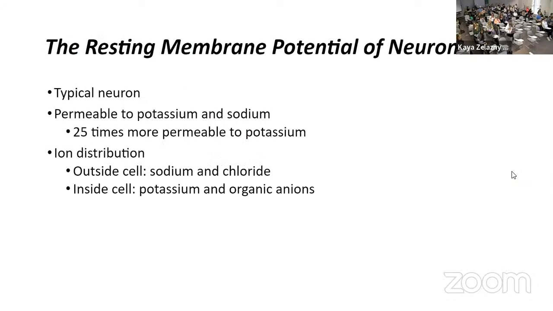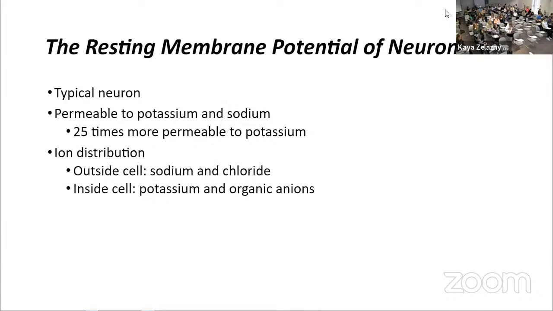So when we're thinking about our typical neuron, it's permeable to both potassium and sodium, okay? But it's 25 times more permeable to potassium. So what we're saying, when we have this membrane, ions cannot cross our cell membrane on their own.